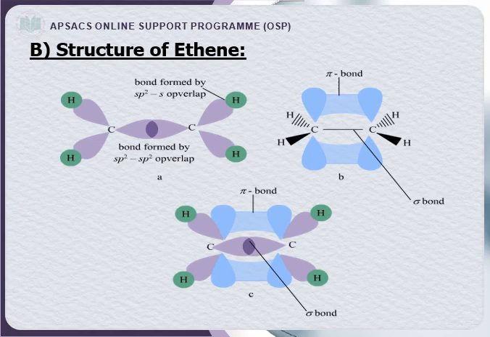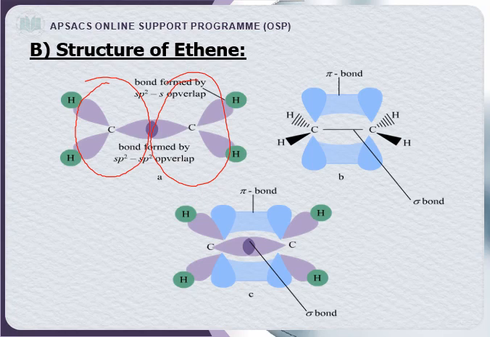Now here the structure of ethene is given under this hybridized structure. Here you can see in this structure, each carbon of C2H4 is sp2 hybridized separately. Each has three hybrid orbitals termed sp2 hybrid orbitals. They are assembled in a trigonal planar geometry.